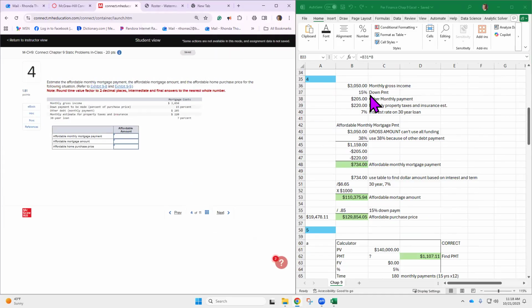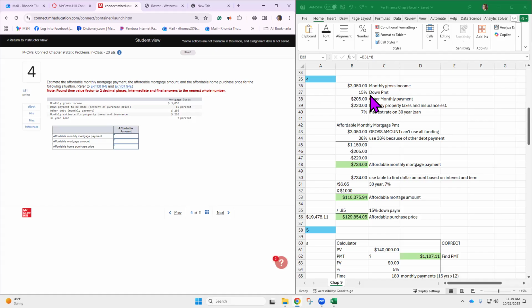Now I want to make sure we went back through this because this was a little bit tricky. This is coming up with what's called an affordable monthly mortgage payment. So once you reach that amount, then you can figure out how much of a mortgage you'll shop for, and then how much of a home price you'll shop for.